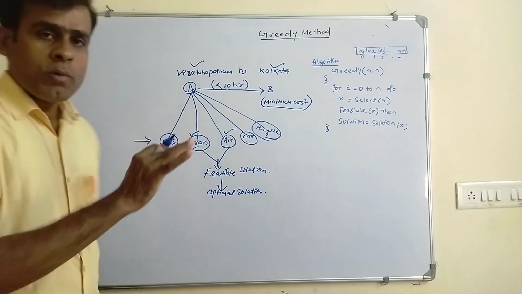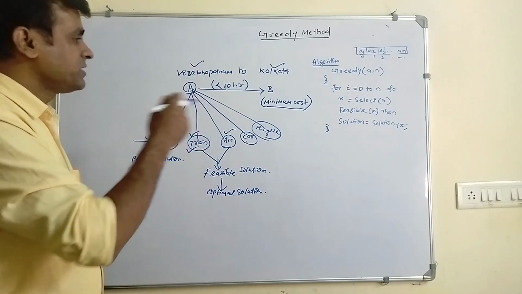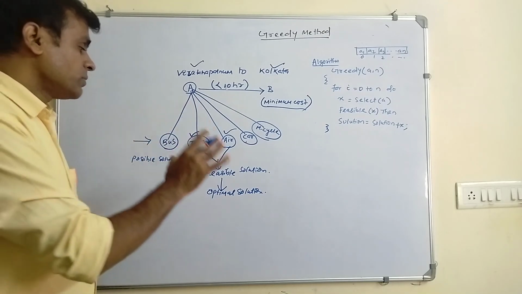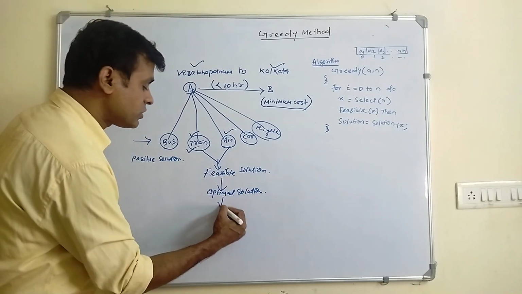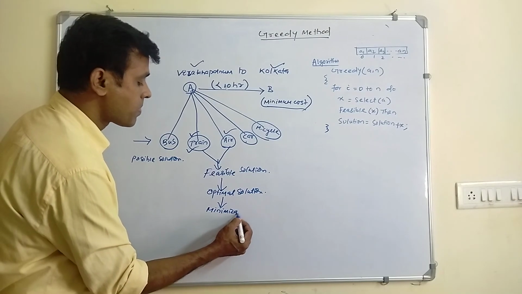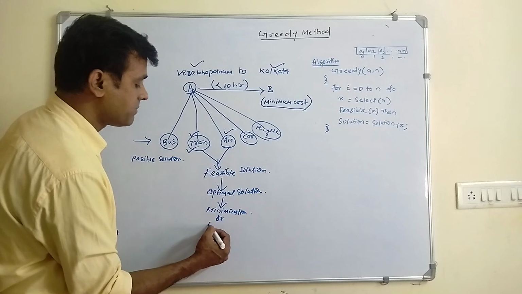So any problem can be solved using this greedy method, but out of the feasible solutions, we have to choose an optimal solution. The optimal solution may be a minimization problem or a maximization problem.